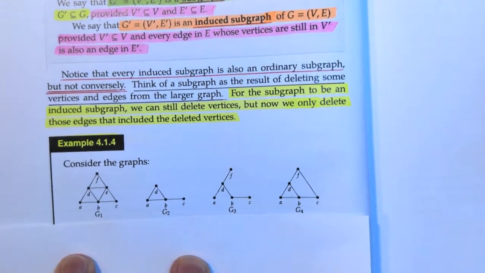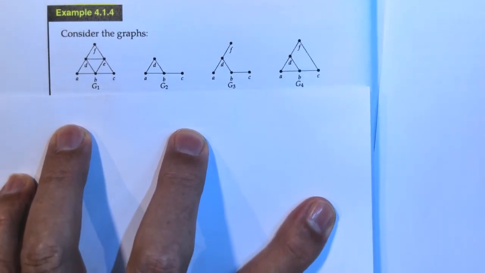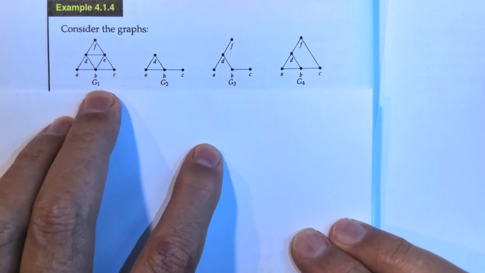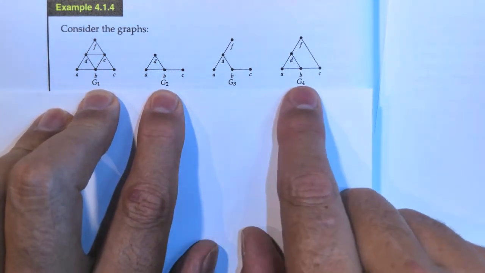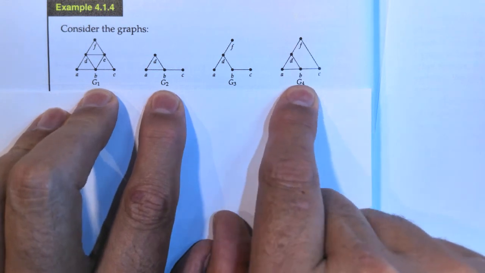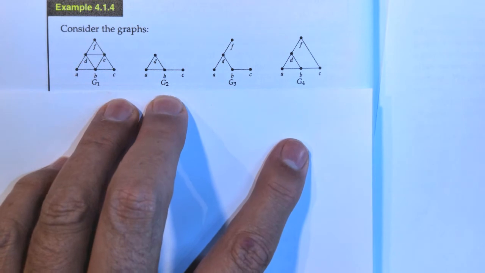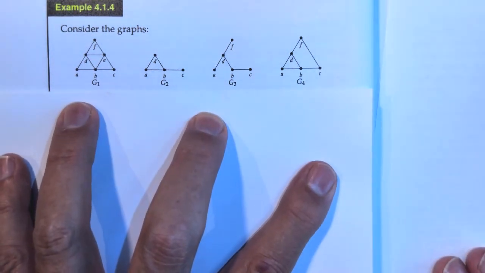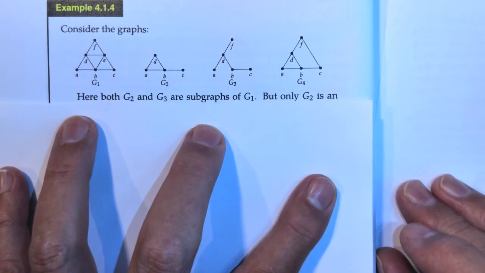He says, let's consider those graphs over there. There are 4 graphs: G1, which I'm going to call the mother graph, G2, G3, and G4. All more or less look like that, but there are edges that have been removed. So let's see how this fits the definition that we've just looked at.